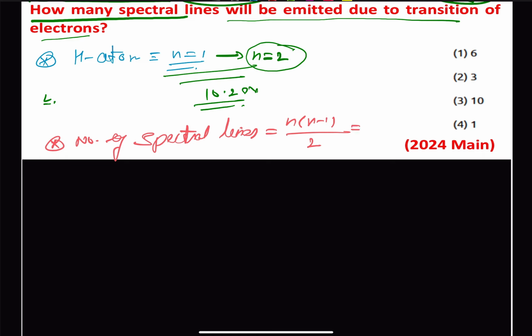So this gives us 2 into 2 minus 1 divided by 2, which is equal to 1. So option 4 is correct. Next question.